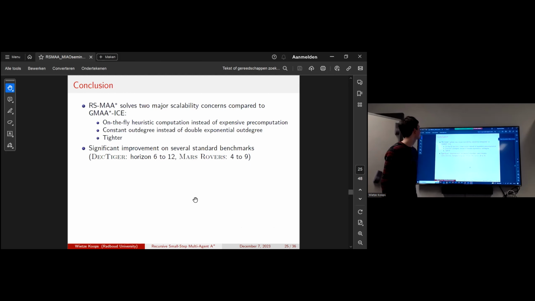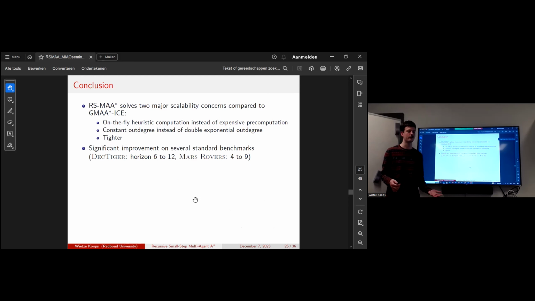Okay, so we can go to the conclusion. Recursive small step multi-A star solves two major scalability concerns, maybe even 3, compared to GMAA star ICE. We have an on-the-fly heuristic computation instead of an expensive precomputation.